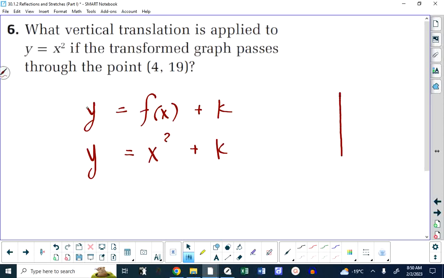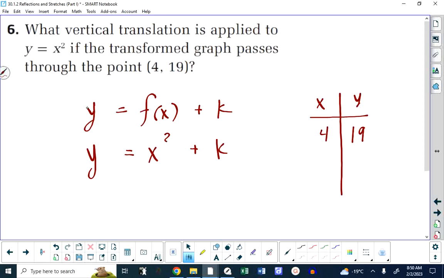And if you're told that the graph passes through the point (4, 19), what that tells you, and this is something that's maybe missed by people when you talk about graphs, is that when x is 4, y is 19, and that's one of the many points on the graph. Both of those numbers put into the equation at the same time give you a true statement.